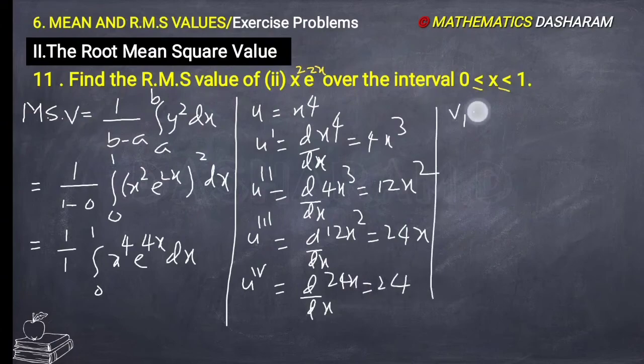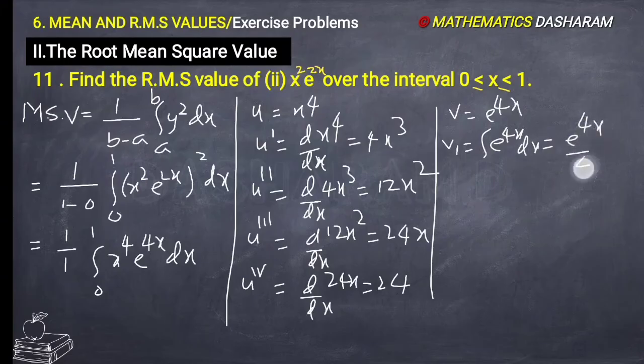Next v equals to e to the power of 4x, then v1 equals to integration of e to the power of 4x dx, so it is e to the power of 4x divided by 4.